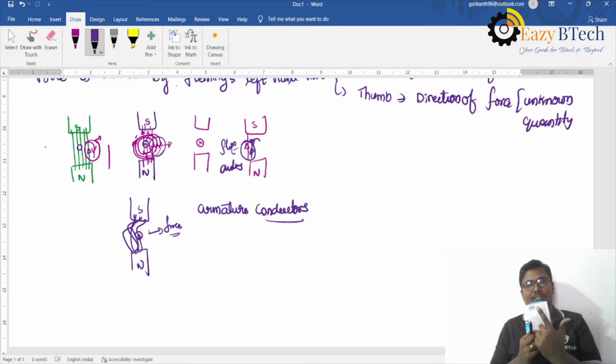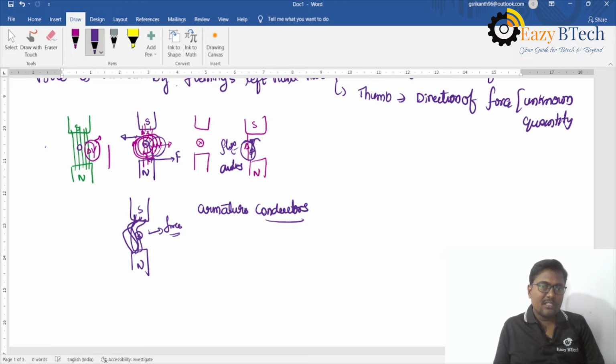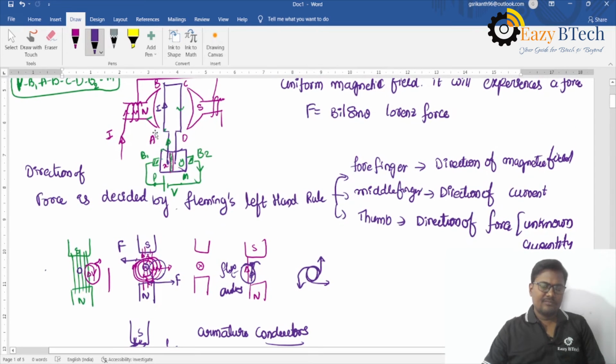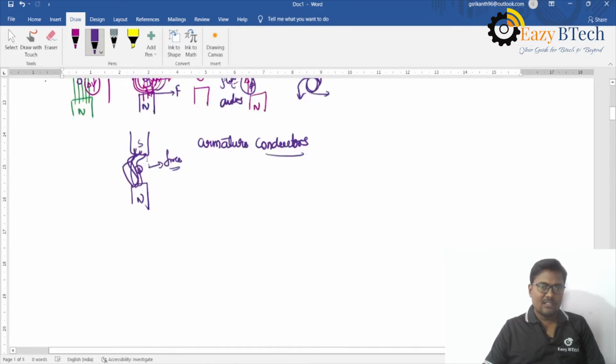Let's check whether the force is clockwise or anti-clockwise. The force developed here is in this direction, so the conductors rotate in anti-clockwise direction. By applying Fleming's left hand rule, we can know the direction.